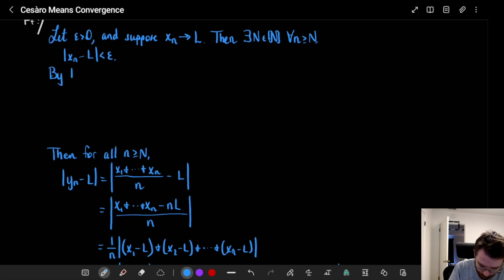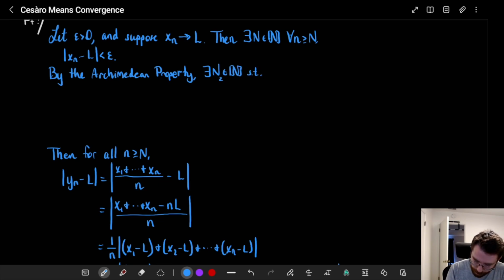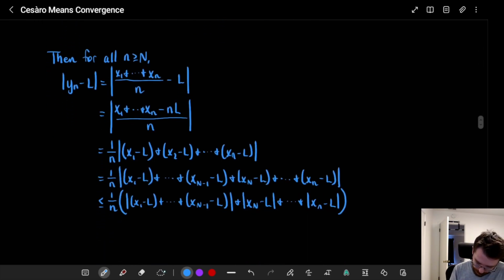So I'll say by the Archimedean property, there exists some other value of n, I'll call it n2, such that if I divide by that potentially massive value of n2, and then let's just copy paste this.